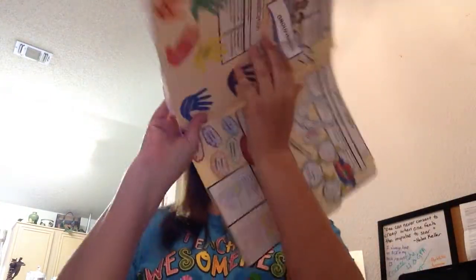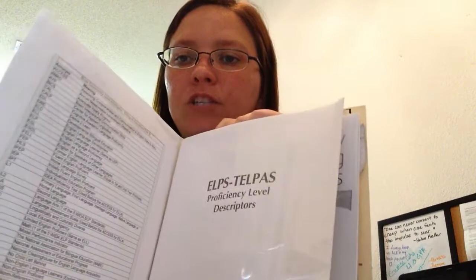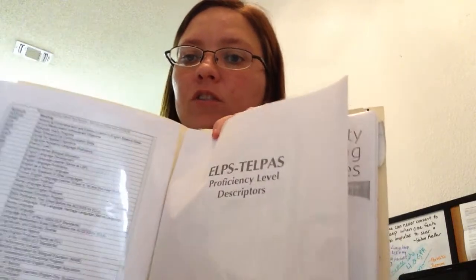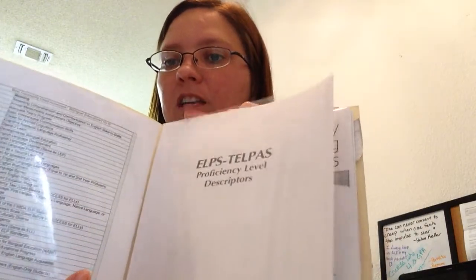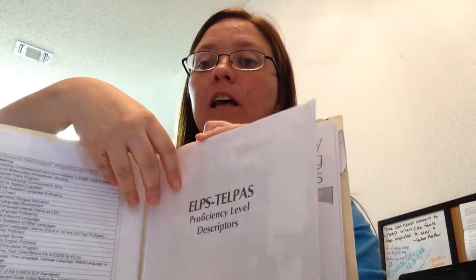Then the ELPS TELPAS proficiency level descriptors, I went ahead and included that, and that was great. My teacher actually had to do her TELPAS for her students, and she couldn't find hers, and she opened it up on the website, and I saw it, and I was like, I have that. And so I was able to open this up and let her borrow this so that she could use it without having to look on the computer and then go to a different screen. It was a lot easier to have it.